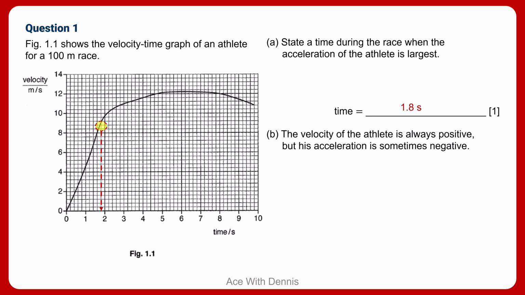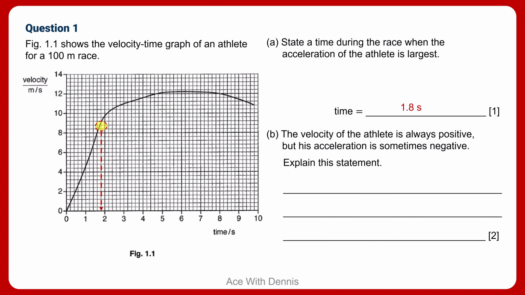B. The velocity of the athlete is always positive, but his acceleration is sometimes negative. Explain this statement. 2 marks. So velocity and acceleration both are vector quantities. For velocity, the sign positive and negative tells us the direction. So if it is always positive, it means that he is moving in the same direction.